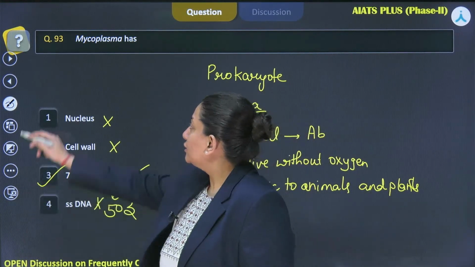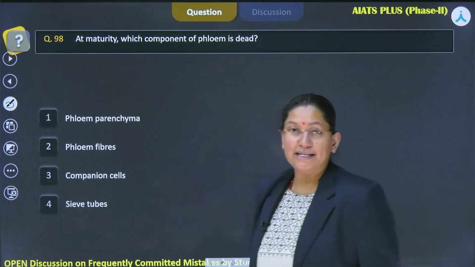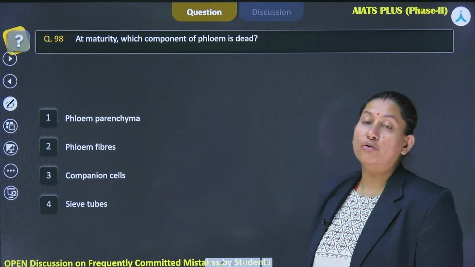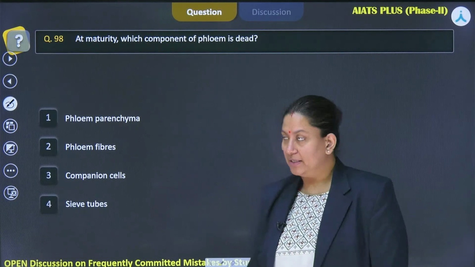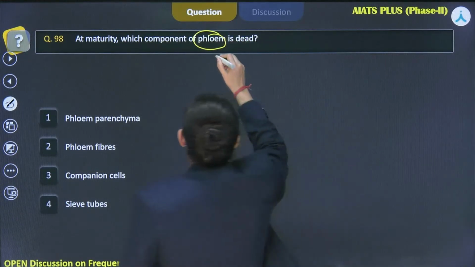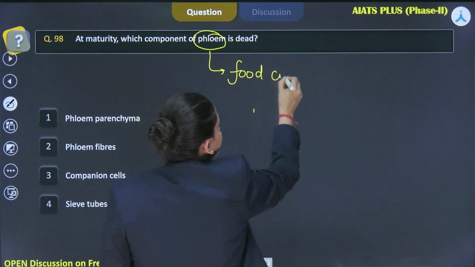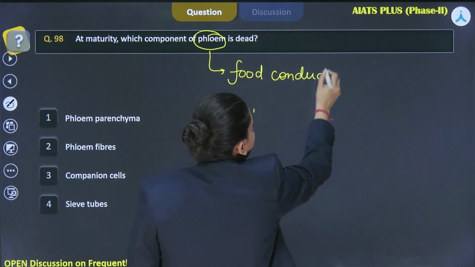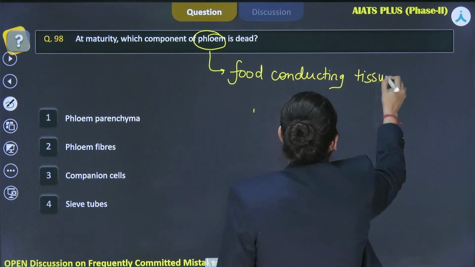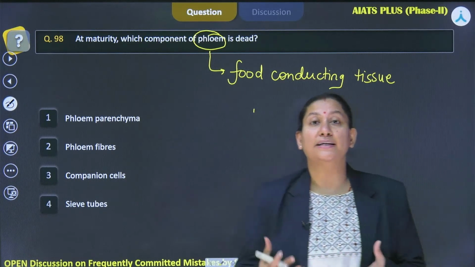All right. So now let's move to the next question, which is question number 98, which says that at maturity, which component of phloem is dead, right? So when we talk about phloem, this is a food conducting tissue, right? And that is the reason the majority of its components are living in nature.